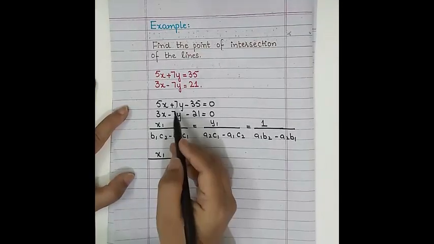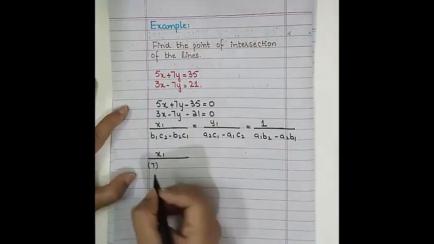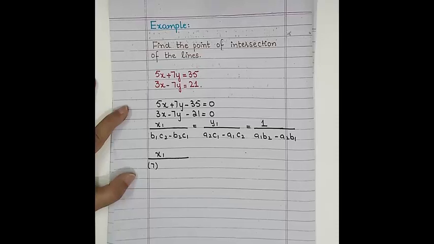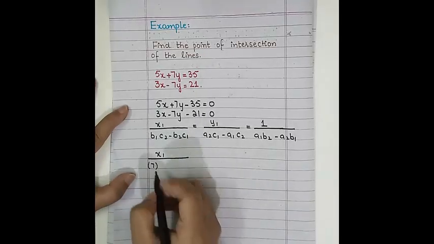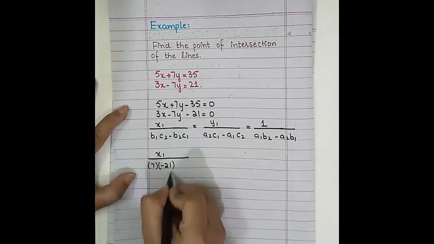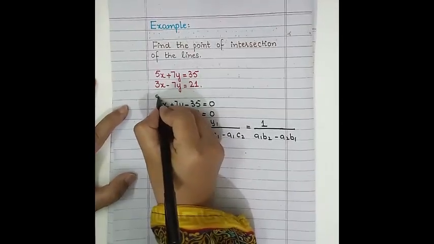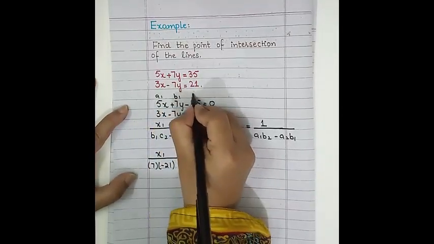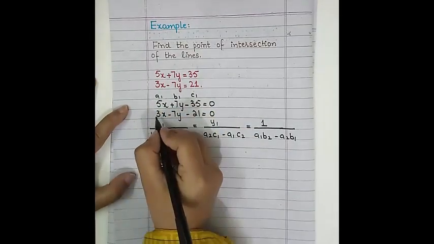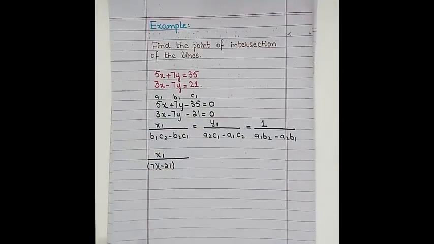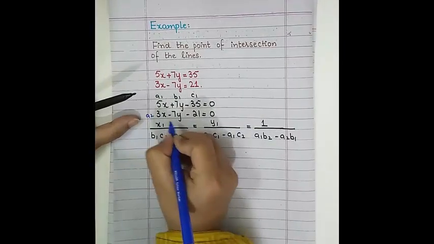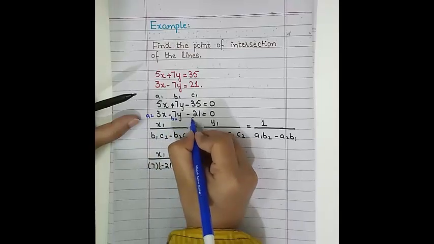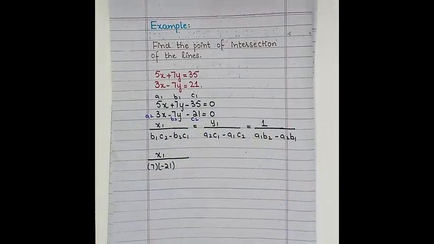The value of b1 is 7, and the value of c2 is minus 21. Let us write these as a1 b1 c1, and these three are a2 b2 and c2, right.